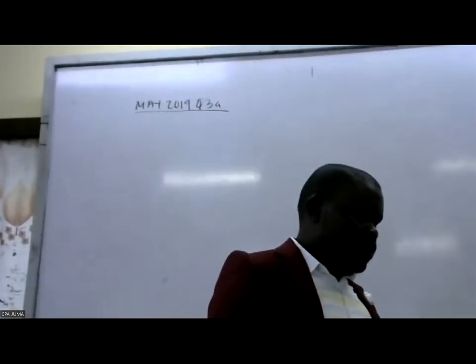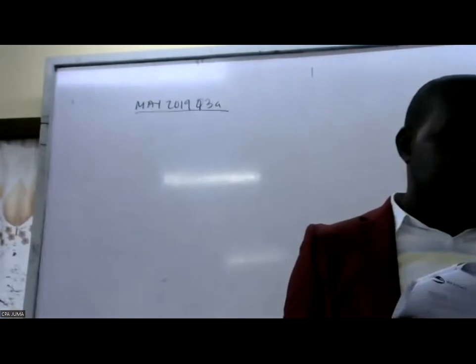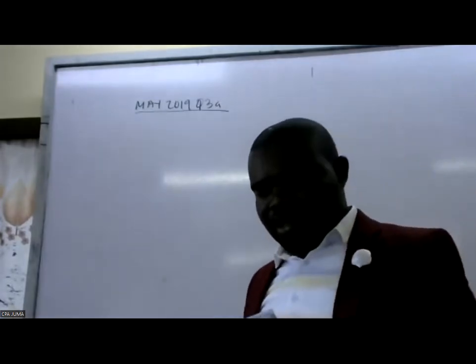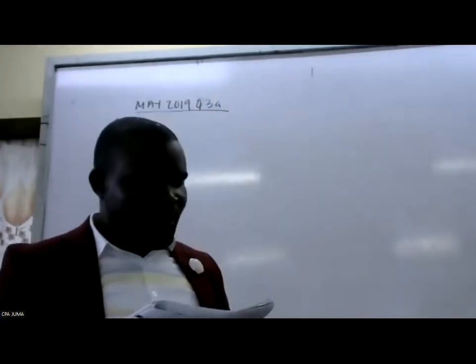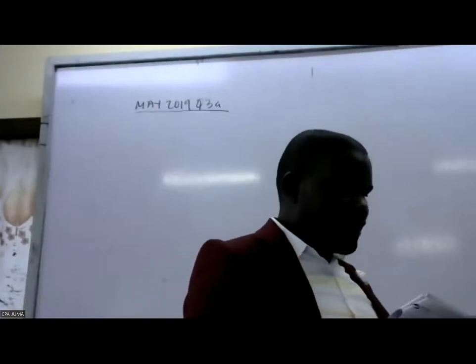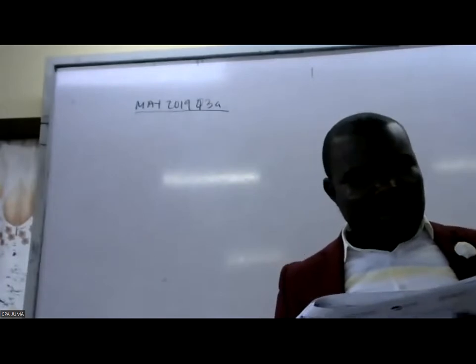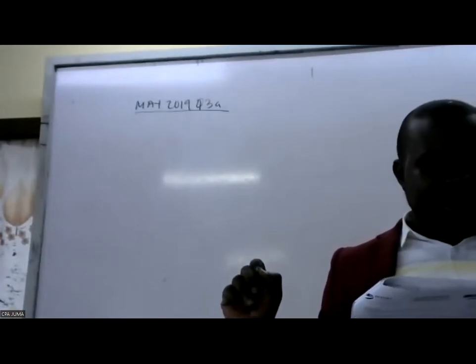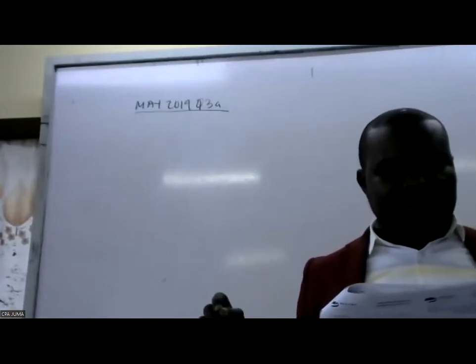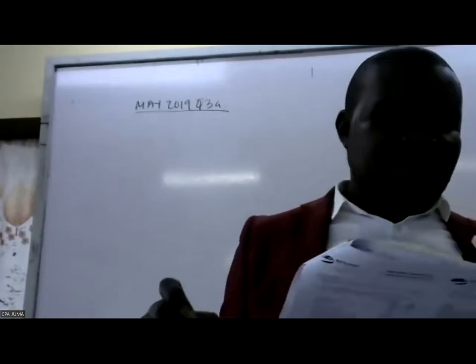W, a public limited company, operates a defined benefits pension plan for its employees. The present value of the future benefit obligations on 1st January 2018 was 3080 million, and the fair value of the plan assets as at the same date was 2860.